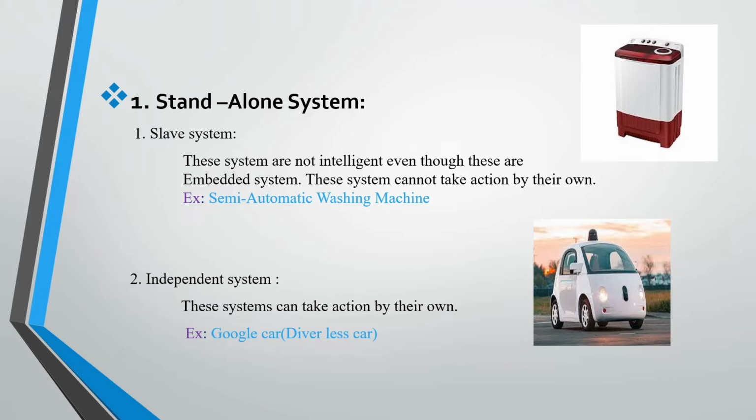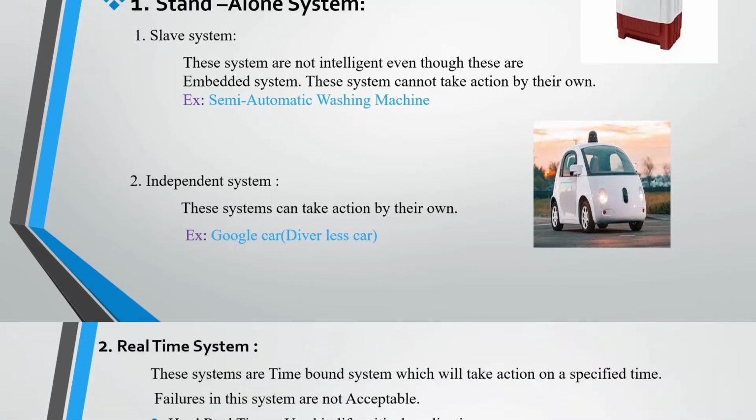Slave system is a non-intelligent embedded system. These systems cannot take action on their own. Example, semi-automatic washing machine. And the independent systems can take action on their own. Example, Tesla car or Google car.